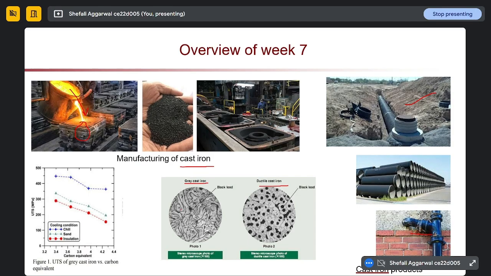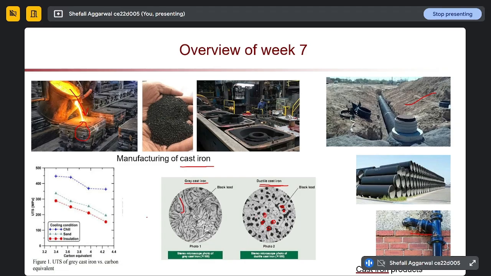The microstructure of normal gray cast iron is in this form, some lines forming, whereas in ductile cast iron we have impurities present in the form of these circles or in the form of some point defects.